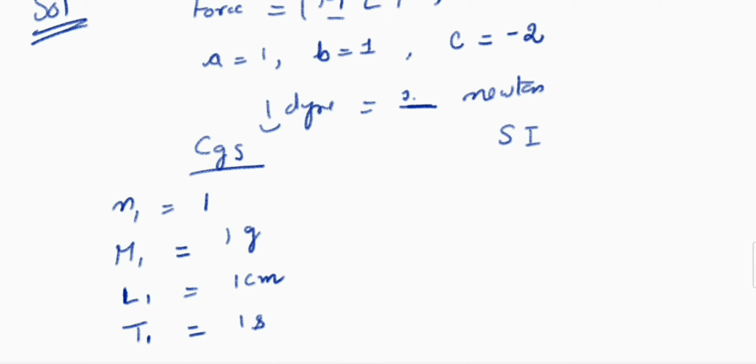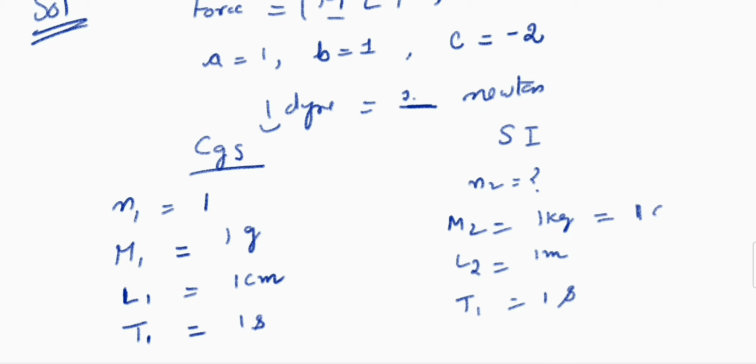Similarly for SI system, we have to find n2, M2 is 1 kg, L2 is 1 meter since length is measured in meters, and T2 is equal to 1 second. And here we can write 1 kg is equal to 1000 grams, 1 meter is equal to 100 centimeters and 1 second is always equal to 1 second.